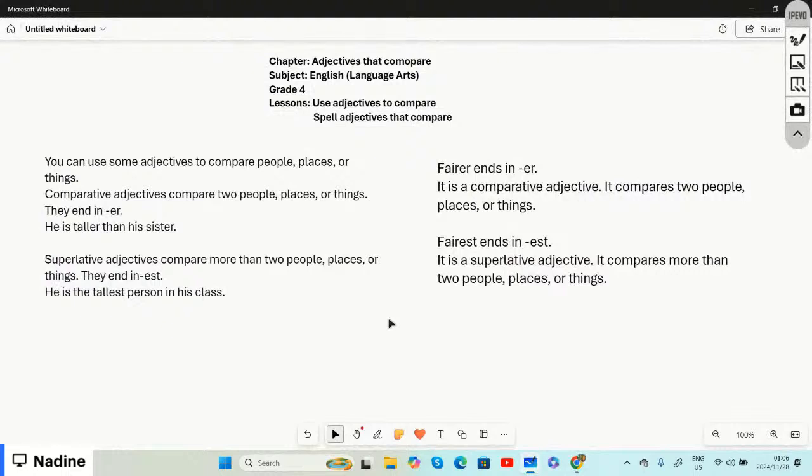And the lessons that we are going to be focusing on under this chapter are to use adjectives to compare, and to spell adjectives that compare.